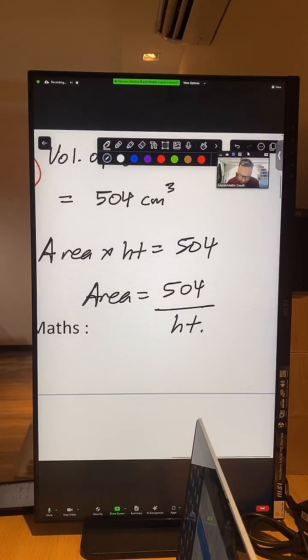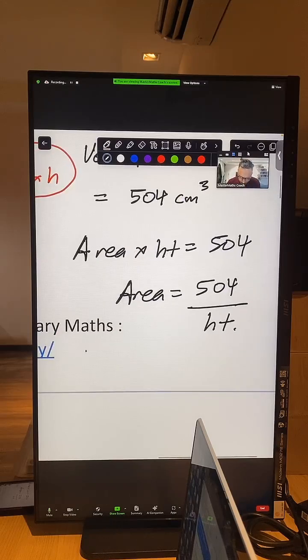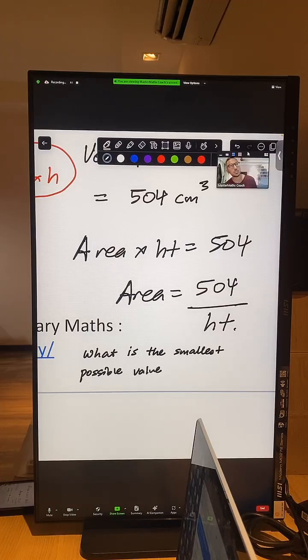The question will look something like this: what is the smallest possible value of h for 504 over h to be a perfect square? I'm trying to write this as tinily as possible so that I can fit it all in here.